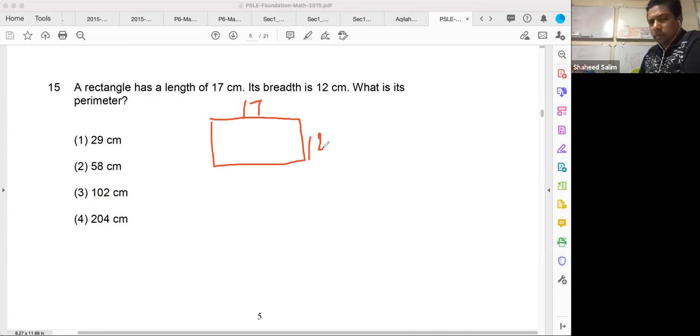Two. Well done. See, when you have a diagram here, you can write like that. I can label plus plus plus plus 58. Well done.